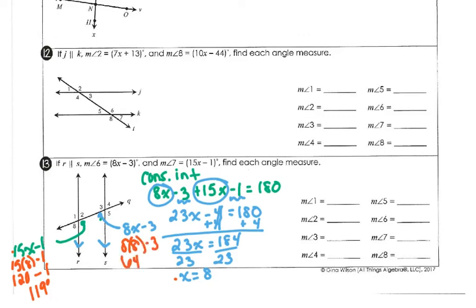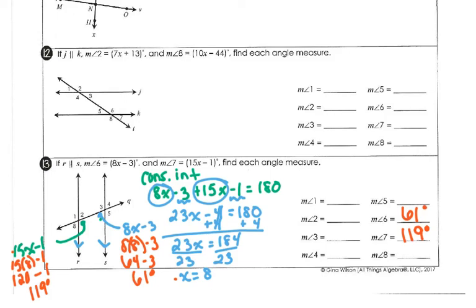That's 64 minus 3, which is 61. Now, just double checking my work, if I add those two together, they do give me 180. So I did my math correct. So that means that angle 7 is 119 degrees, and then angle 6 is 61 degrees.